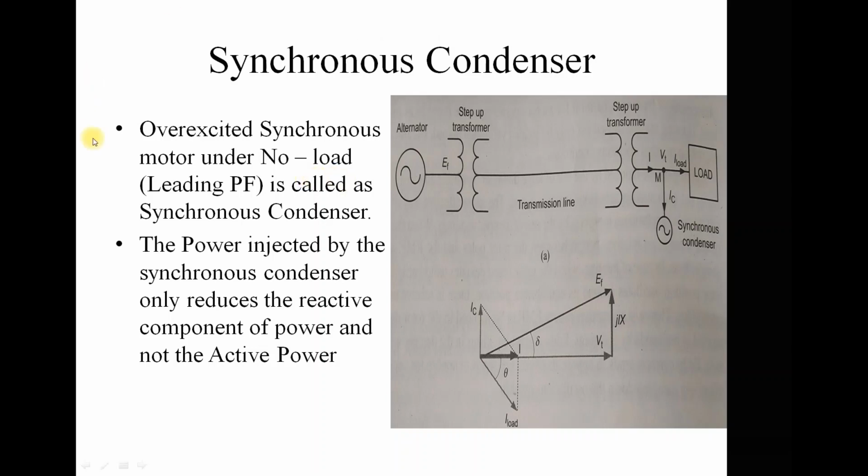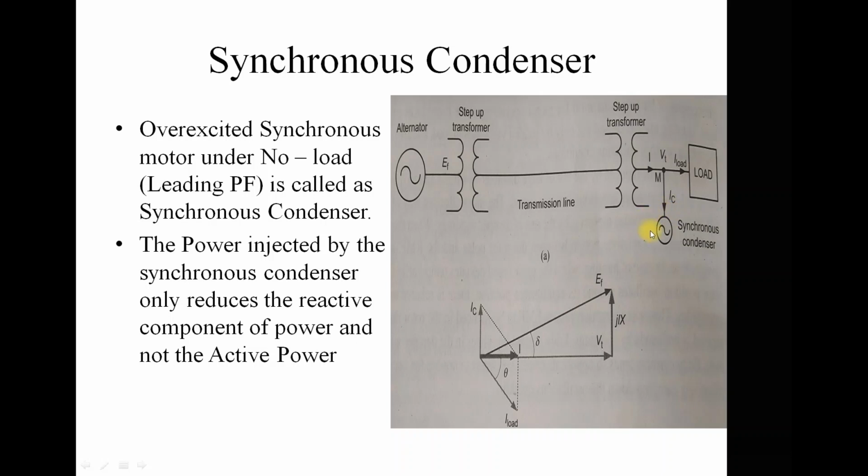Here we have given a single line diagram of one particular power system where we have the alternator, step down transformers, transmission line, and the load connected. This load is drawing lagging power factor currents from the supply utility. So in order to supply that load with a good power factor, we need to install this synchronous condenser.